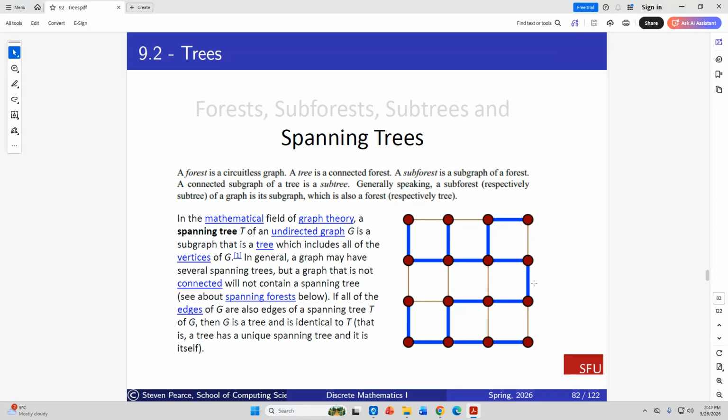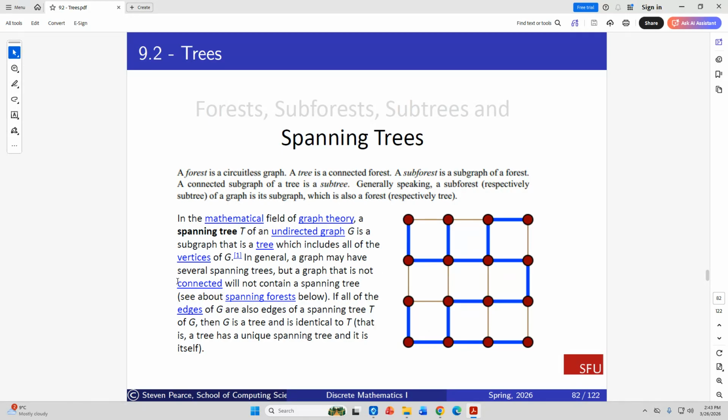That includes every one of these vertices. And this one here also includes every one of these vertices. So a spanning tree T of an undirected graph G is a subgraph that is a tree which includes all of the vertices of G. That's the big blue thing.